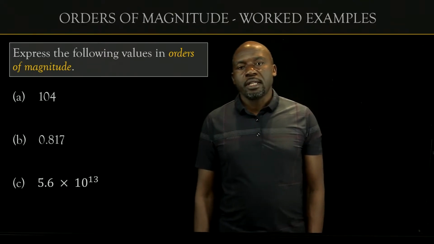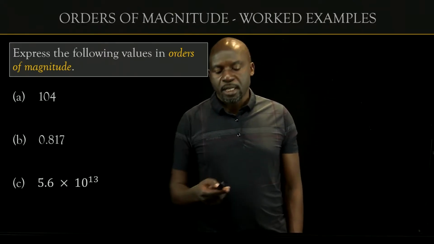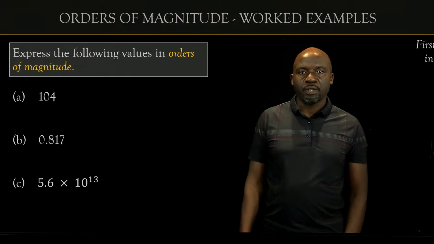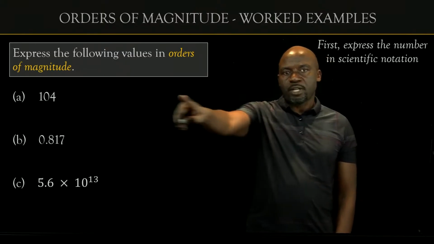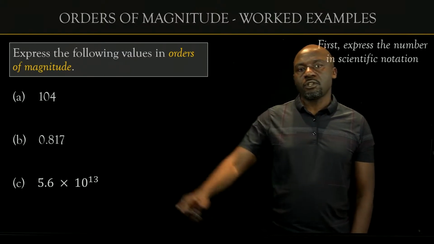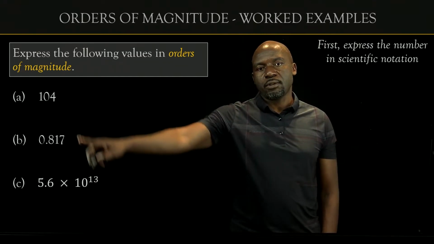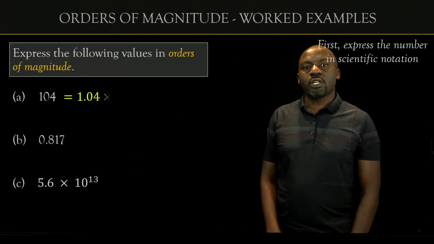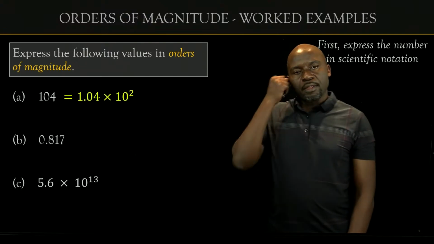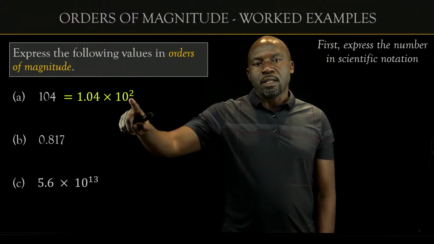The best way to do this is to first express that number in scientific notation. So we want to express the number in scientific notation if it's not already in scientific notation like this. So that's not in scientific notation, so express it in scientific notation, and then we end up with 10 power 2.